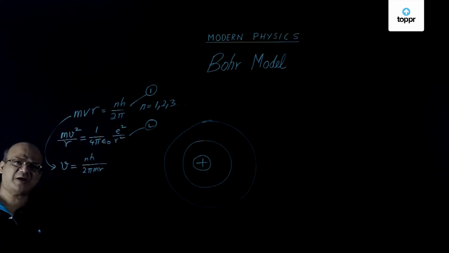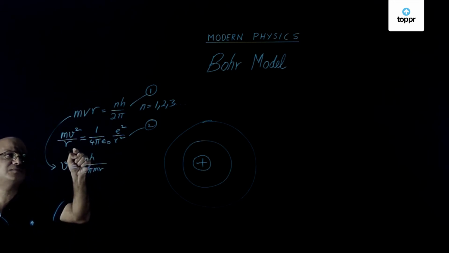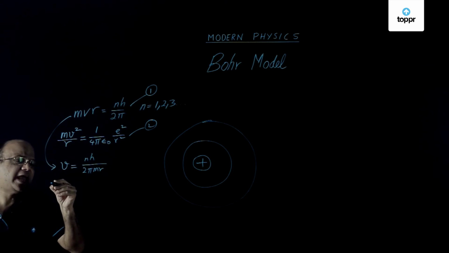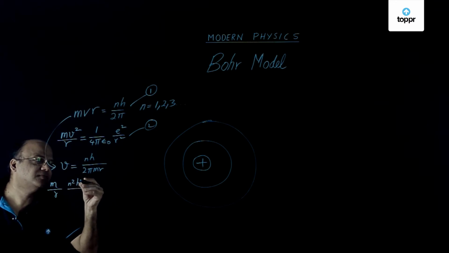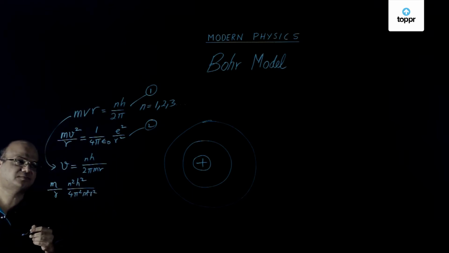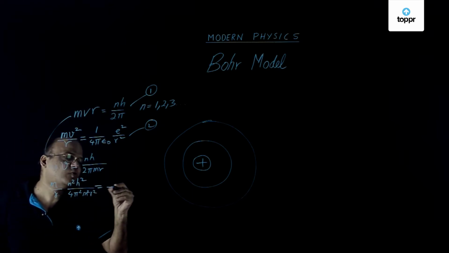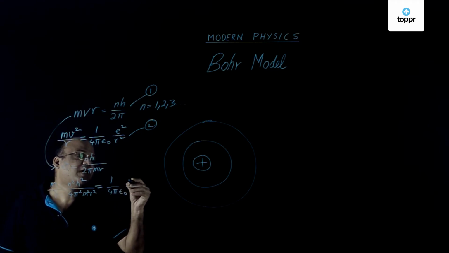So, v is nh by 2 pi mr. Now, I will put this in the second equation. So, what will you get? m by r, square this, n square h square by 4 pi square m square r square, which now becomes equal to 1 by 4 pi epsilon naught e square by r square.